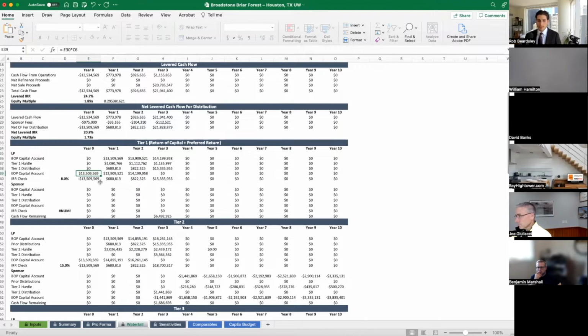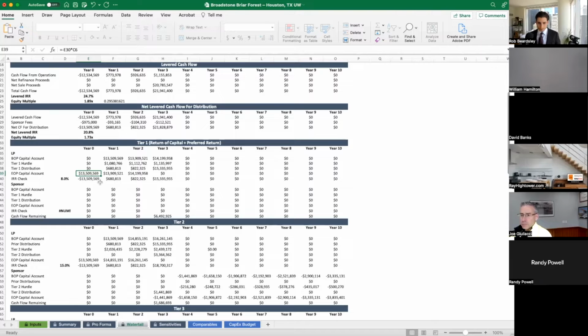The capital account is essentially what the investors are getting credit for having invested into the project, right? As soon as you put money into the project, that's your capital account. And now, based on the waterfall or based on the structure where there's a preferred return, now you are owed a preferred return based on your capital account.